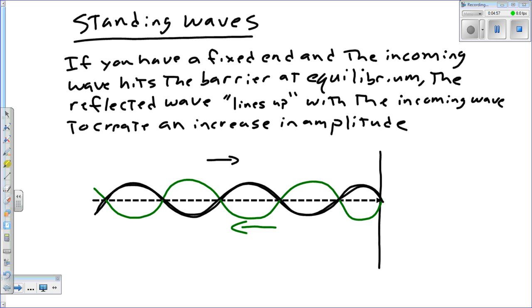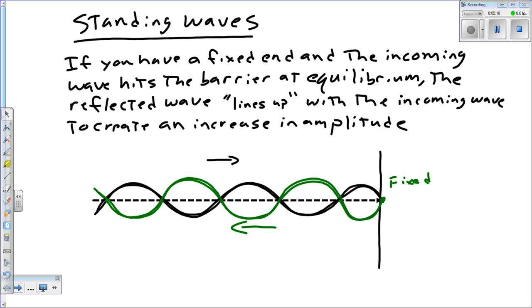That reflected wave, because it's a fixed end, is going to flip and turn, and so it's going to come out like this. Now it's important, it has to hit at equilibrium, otherwise it's not going to line up on the way out. So this does create a dramatic increase of amplitude.